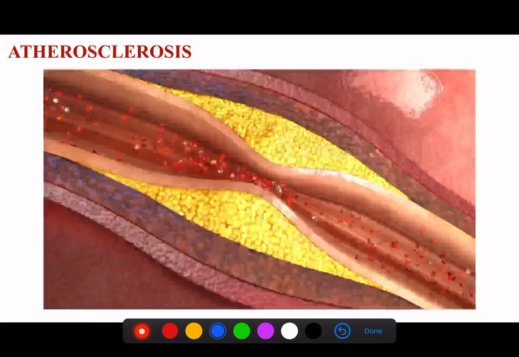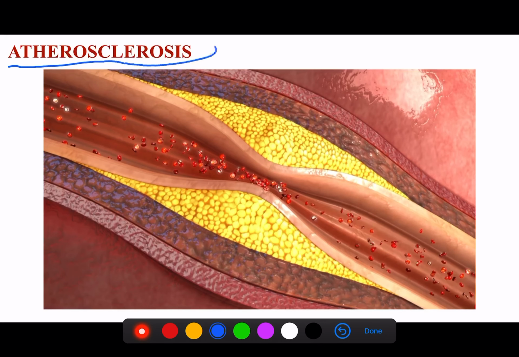The third type of arteriosclerosis, and the most important type, is called atherosclerosis. Athero means lipid. It's related to atheroma formation.